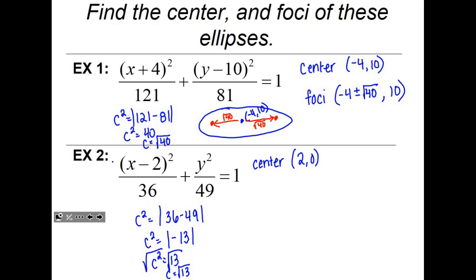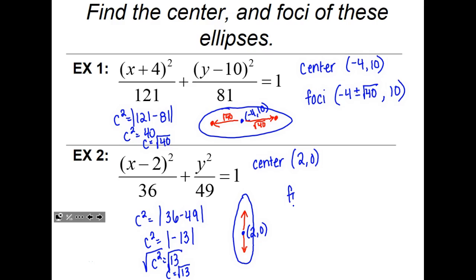Now this time, my ellipse is a tall ellipse because if I graph that, I have 49 is larger than 36, so it's going to be taller than it is wide. So my center is here at 2, 0. This time, rather than going left or right to find my foci, I've got to go up or down. So when we go up or down, we change our y coordinate.